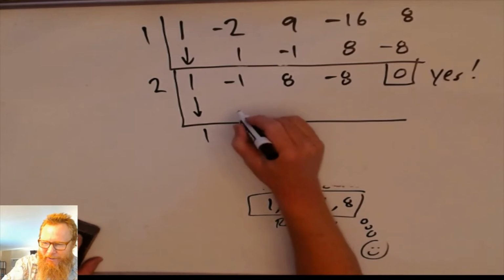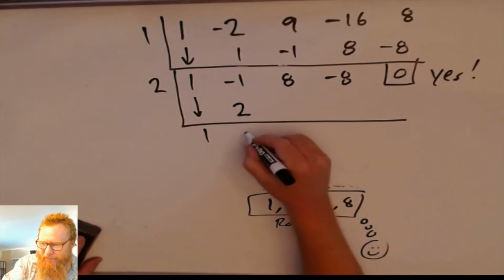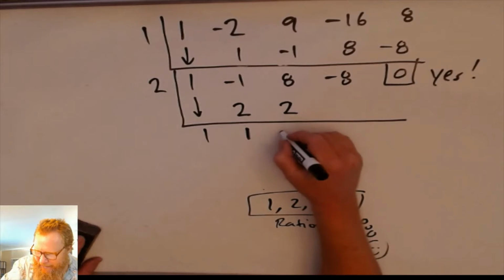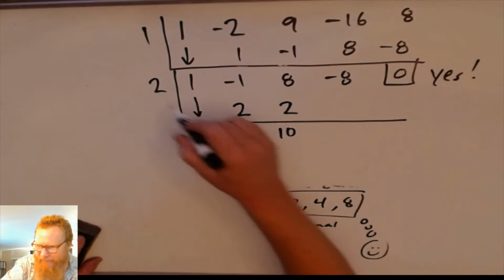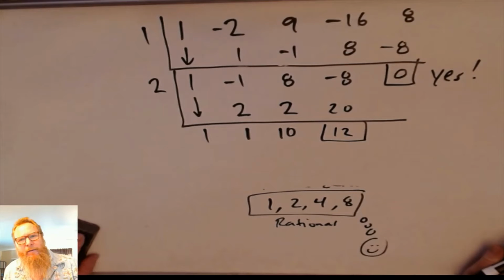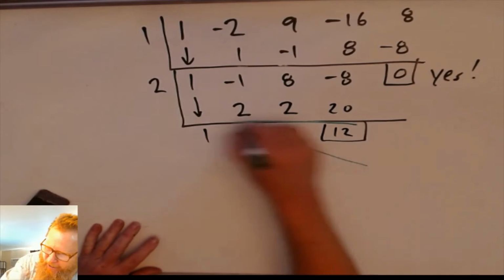1 times 2 is 2. -1 and 2 is 1. 1 times 2 is 2. 8 and 2 is 10. 2 times 10 is 20, and it does not look good. But remember, these are now all non-negative.